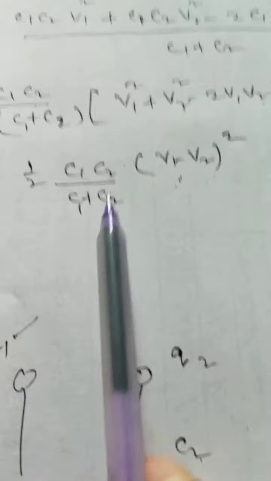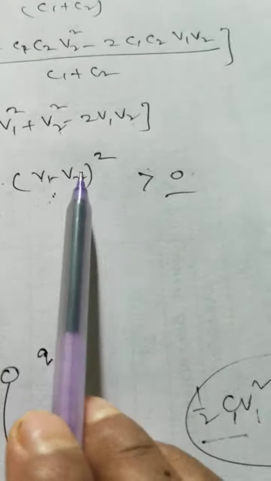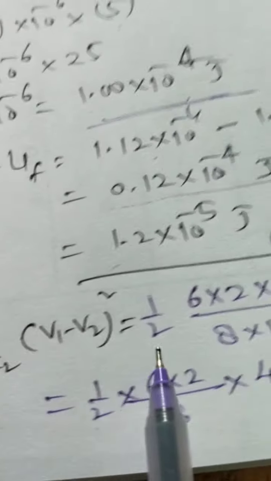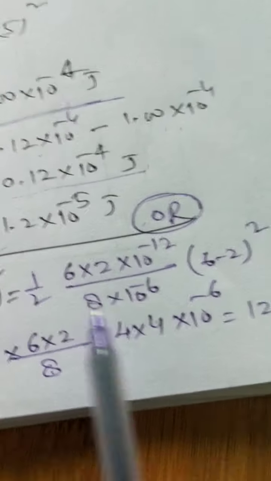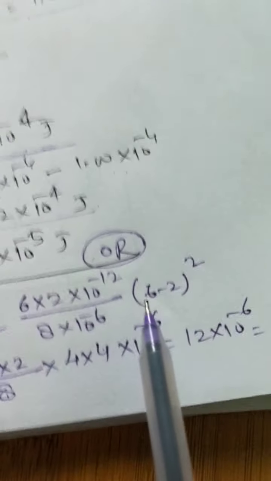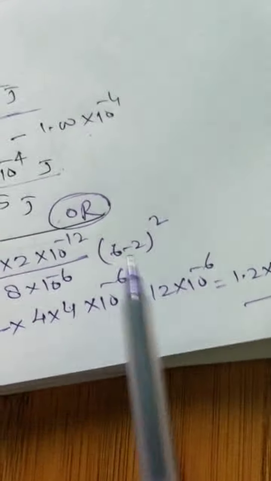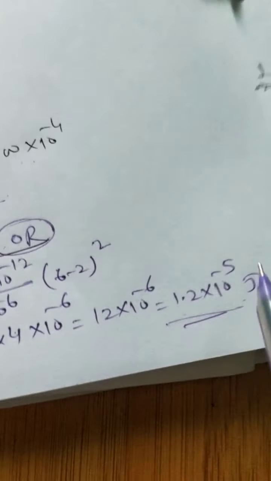By the shortcut way, from our previous derivation, our delta U is this one: half C1C2 by (C1 plus C2) into (V1 minus V2) square. By applying this formula here, half C1C2 upon (C1 plus C2) into (6 minus 2) square. Simplify, your answer is 1.2 into 10 to the power minus 5.